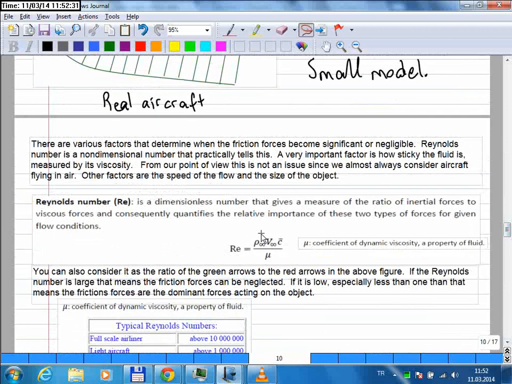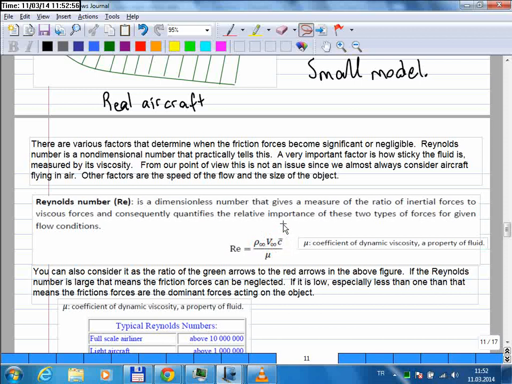If you put this into equations, this is what you get for the Reynolds number. The Reynolds number is defined by this relation here, and in the numerator you have the air density, or the density of the fluid, the speed of the flow, and some distance characterizing the flow. If you're talking about an aircraft, the mean aerodynamic chord length is used.